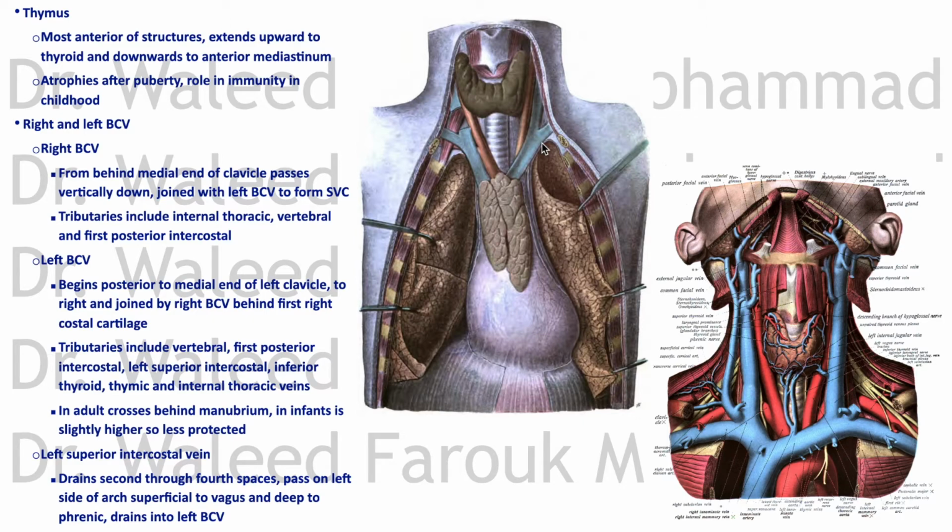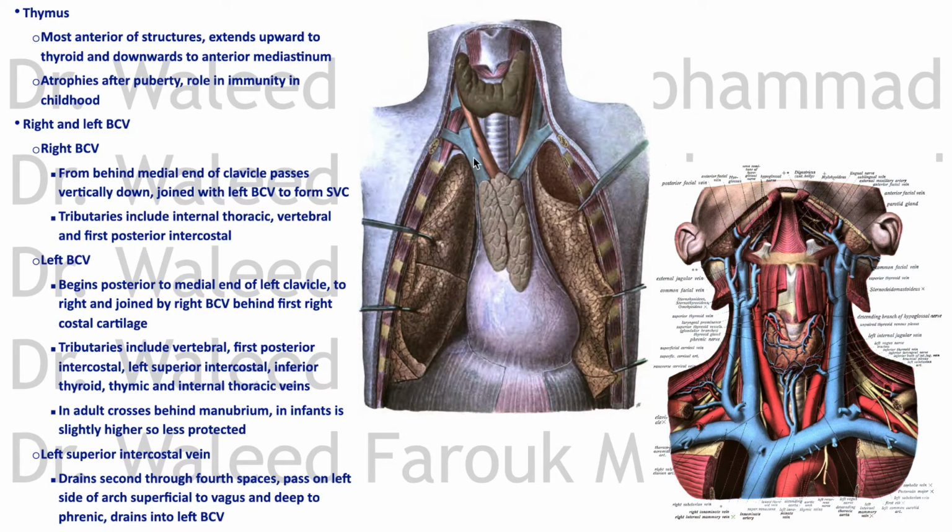Now, the right brachiocephalic vein descends almost vertical, and it's much shorter than the left one that has to cross all the superior mediastinum to join the right brachiocephalic vein to form the superior vena cava that's present on the right side. That's why the left brachiocephalic is longer than the right brachiocephalic vein.